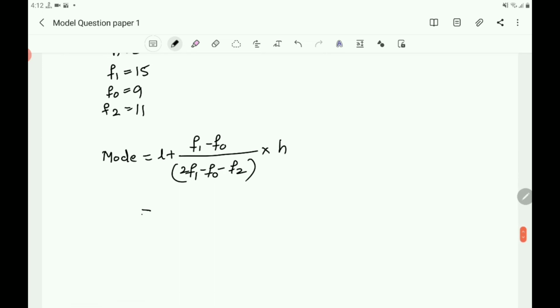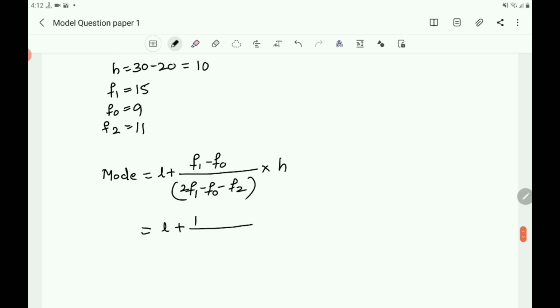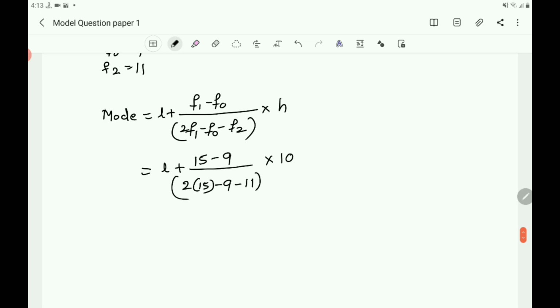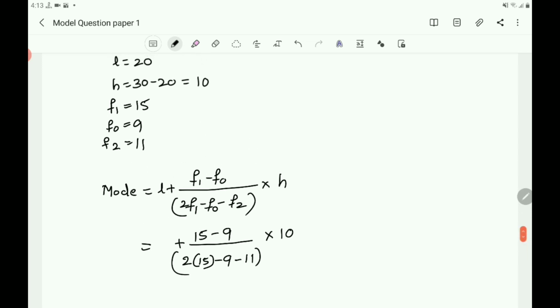Then that equals L plus, and F1 is 15, F0 is 9, and 2F1 means 2 into 15 minus F0, F0 is 9, minus F2 is 11, into H, that is the size of the class is 10. L must be substituted, L is 20.